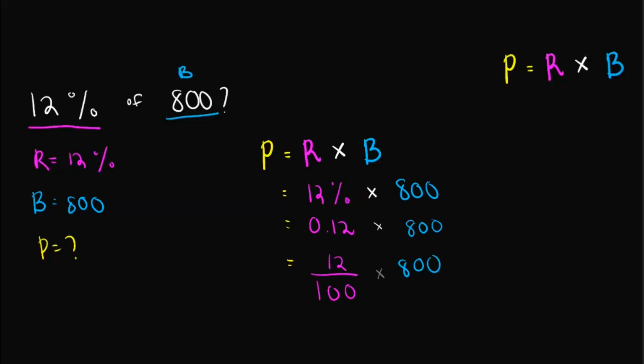Now here, we can cancel out the zeros out here, leaving us with only 12 times 8, which is equal to 96. And that is the answer for this one.